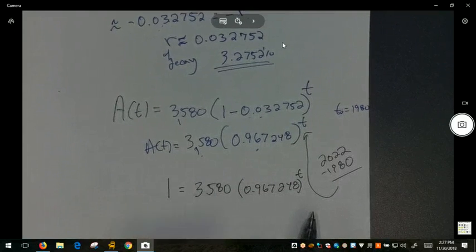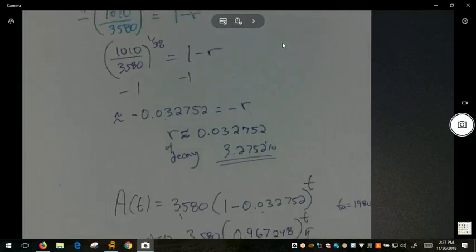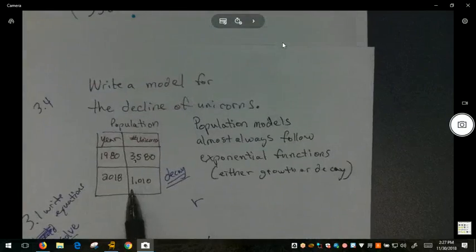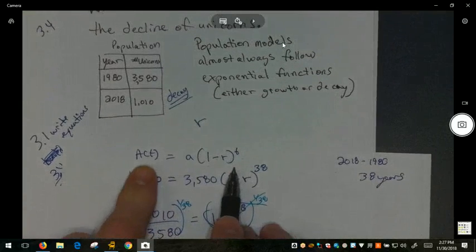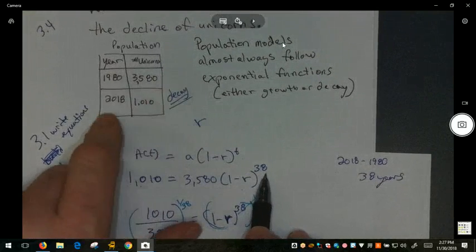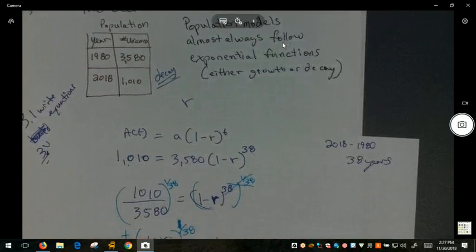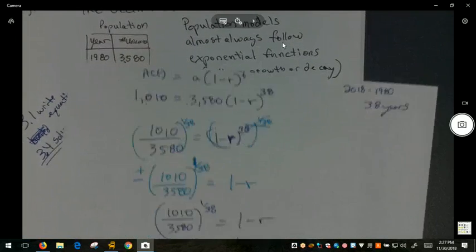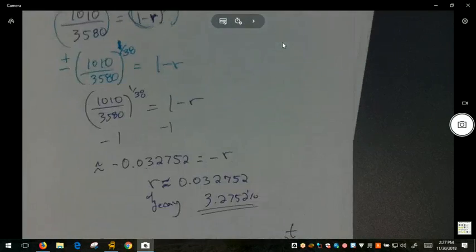This solving goes back to what we did today with the application problems. But for those first couple of problems in your worksheet, you have to start by setting up a model and figuring out how many years apart it is, plugging in the initial amount and the final amount, and actually calculating the rate so that you can build your equation to solve problems.